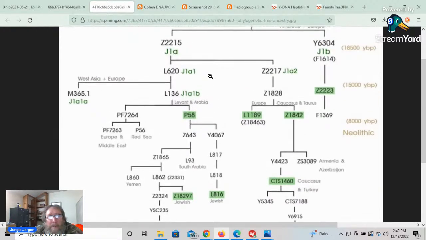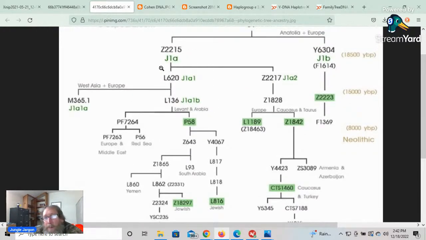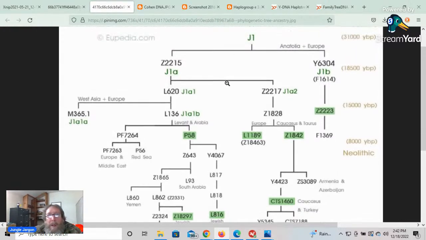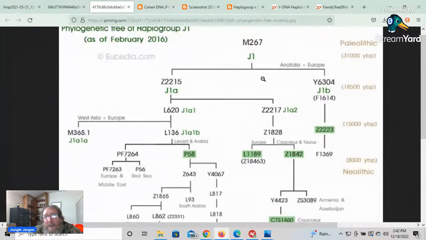And since this is J1, not J2, these could be other tribes of Israel. And I'm not sure how exhaustive this group is here of J1. It could be just a specific group of J1, M267, but these other ones could be Arabic or something.